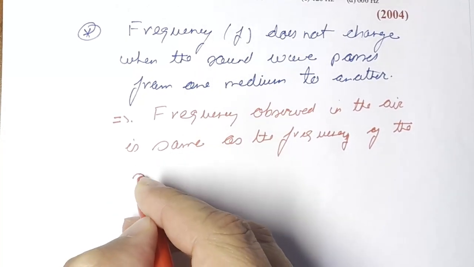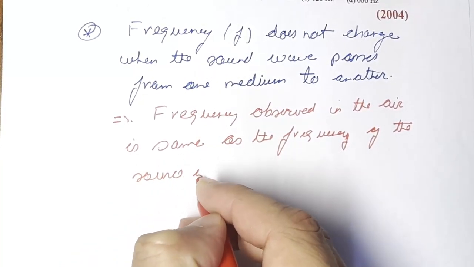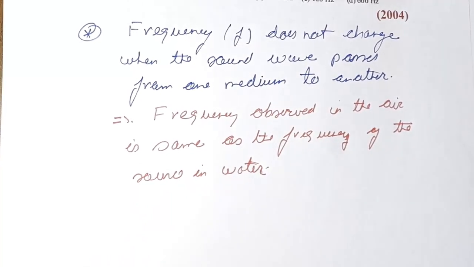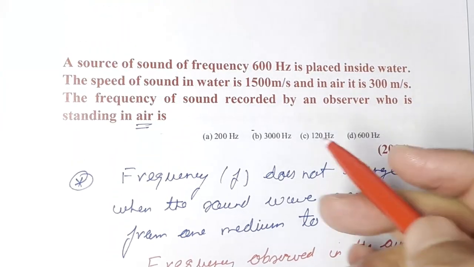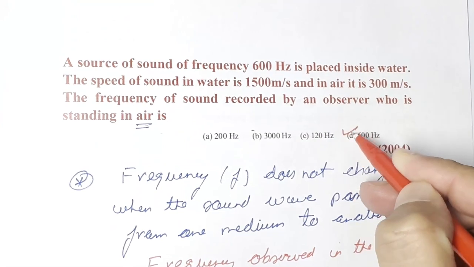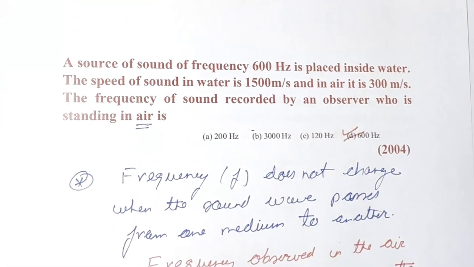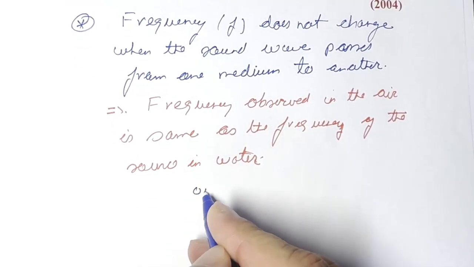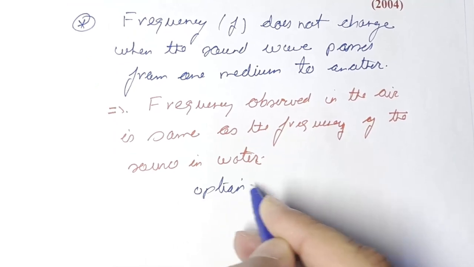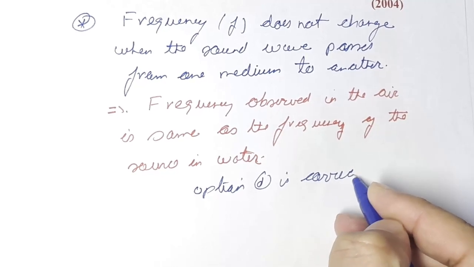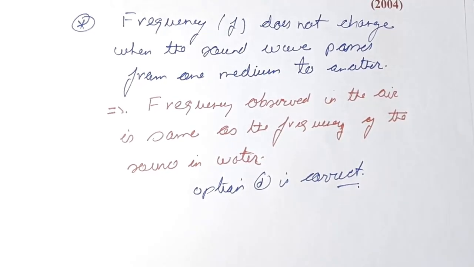So therefore frequency of source in water is 600 Hz. So in the air it will also be 600. So option number D is the correct one. D is correct.